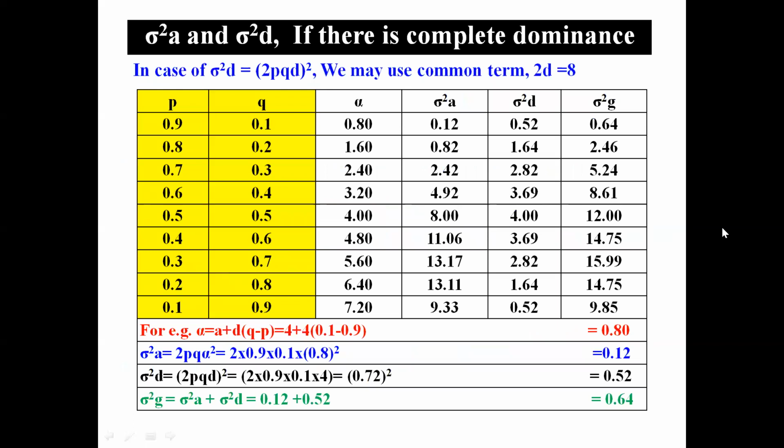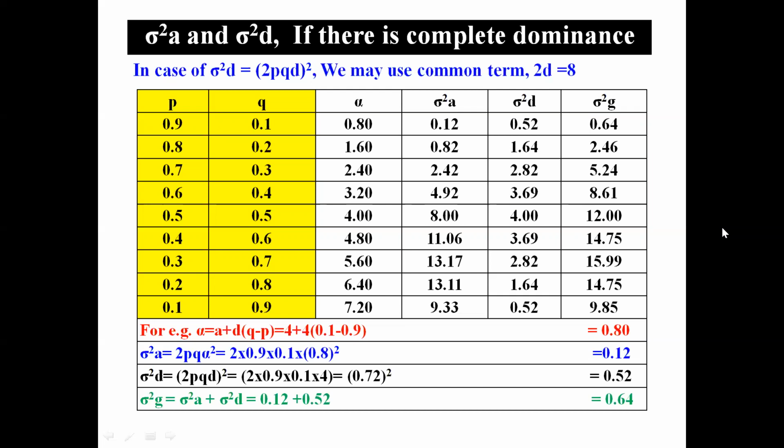The additive variance and dominance variance in case of complete dominance, same formula and same pattern you may follow as we followed in case of no dominance. In yellow portion, frequencies are given. Then we get alpha, additive variance, dominance variance, genotypic variance.